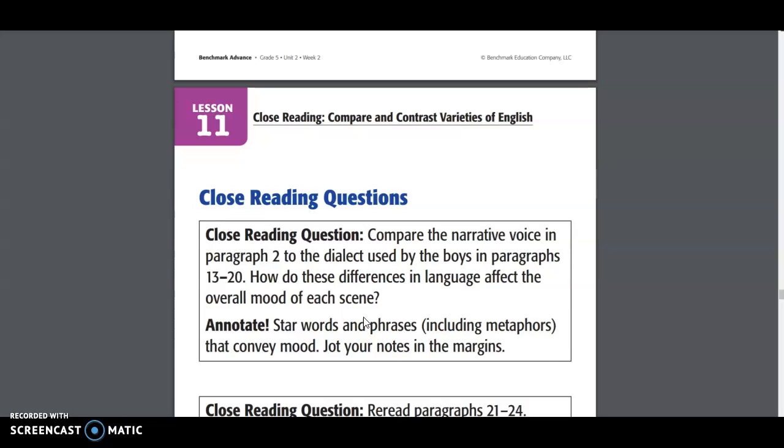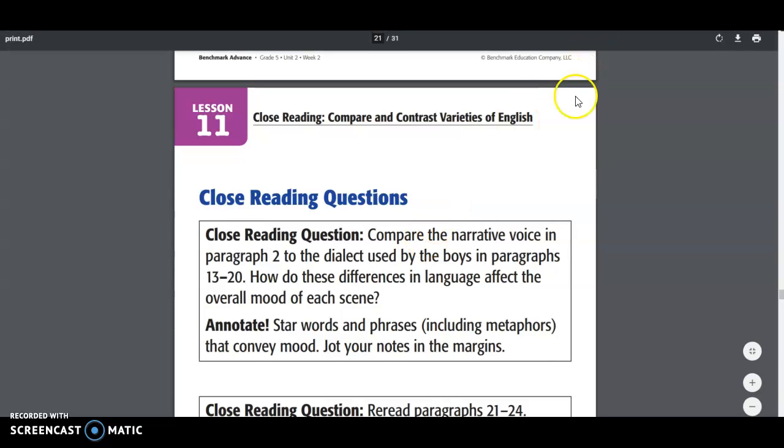I'm comparing rain to cats and dogs, but it's not really raining cats and dogs. You don't see animals coming out of the sky, okay? So it just means that it's really downpouring. So you're comparing two things, but you're not using the word like or as as in a simile. So a metaphor is a type of figurative language. All right, so that's where we're going to go.